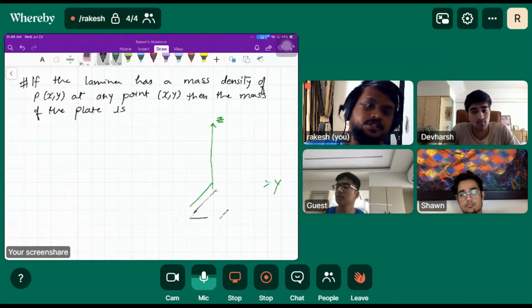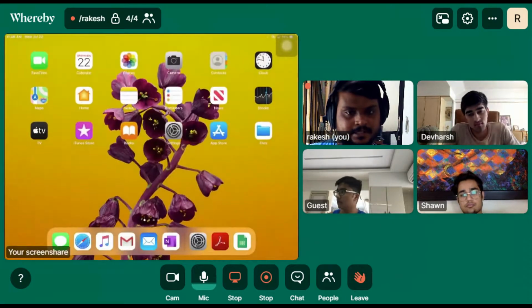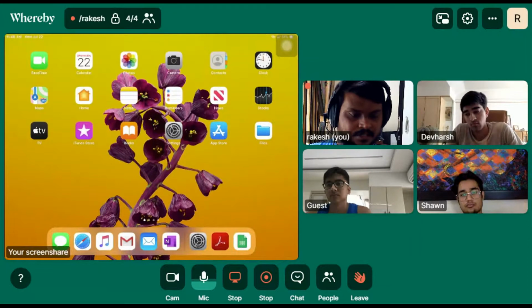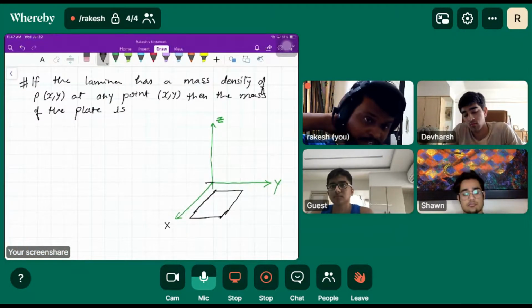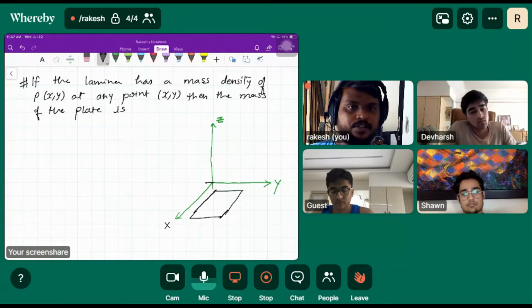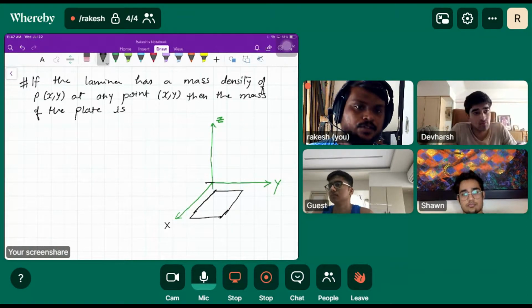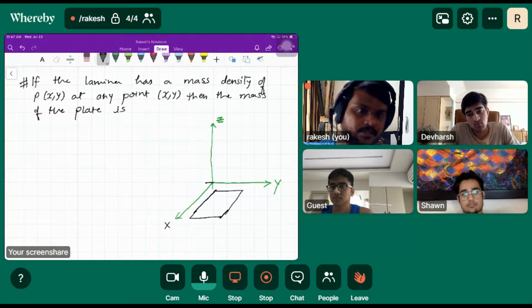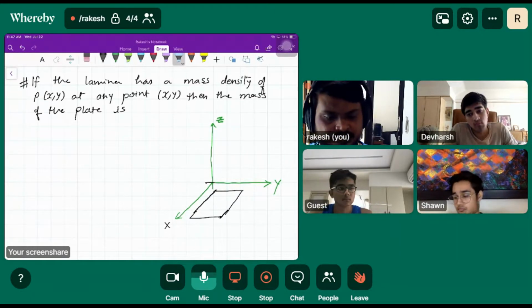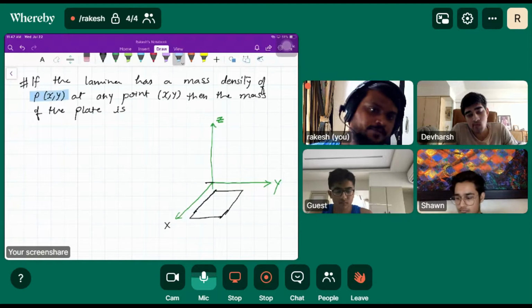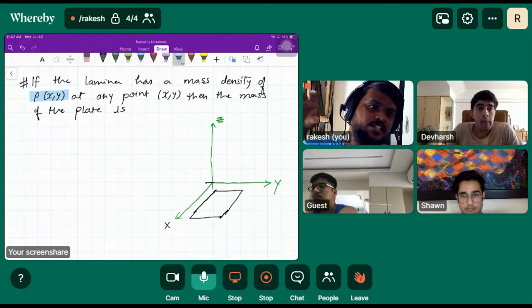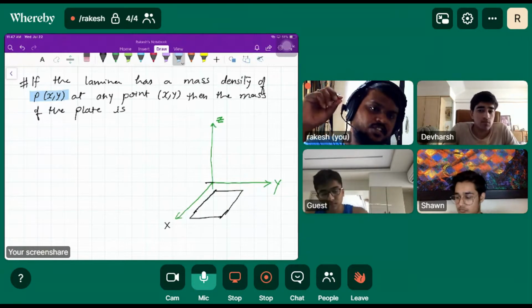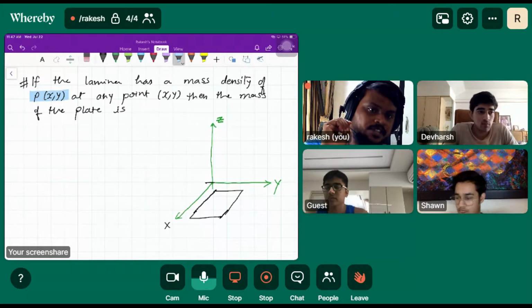So this is your lamina, where the mass is distributed. There is a density function they have given, the mass density function, denoted by rho(x, y). So based on any point on this lamina, the mass density function will let you know about the mass there, right?